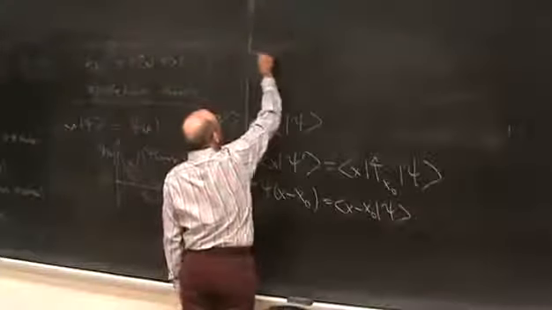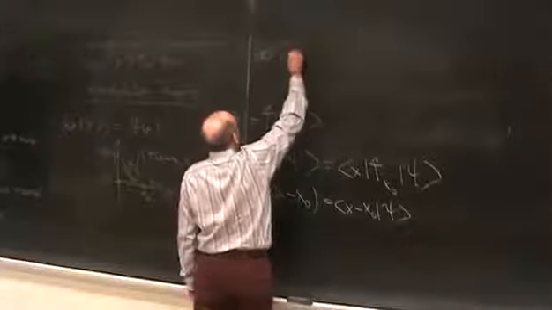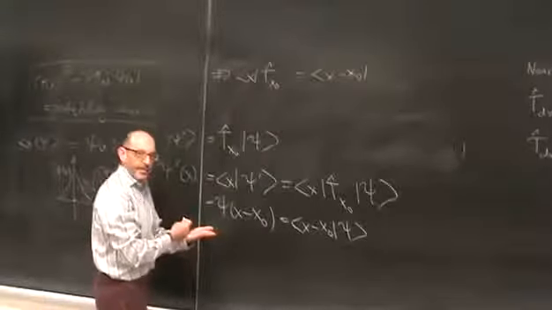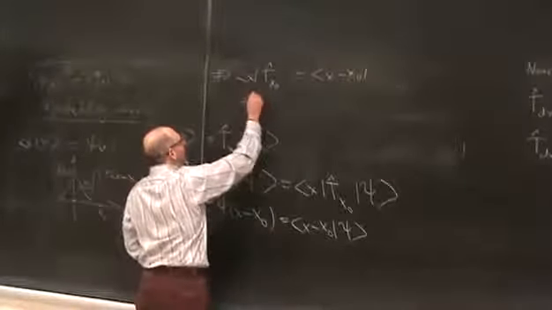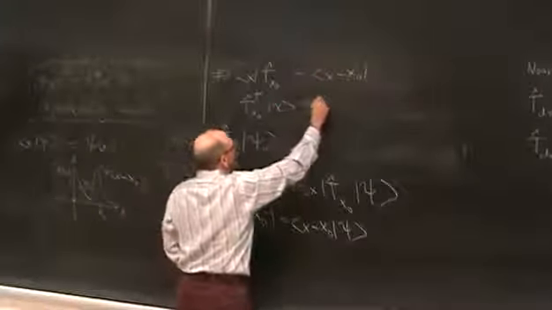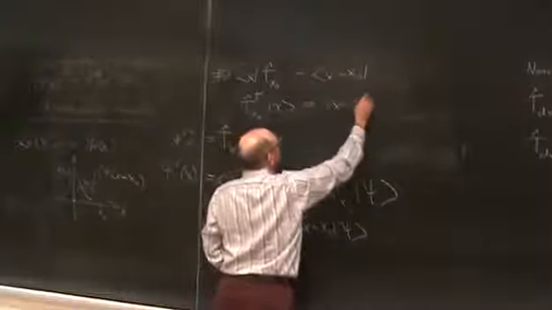So what we have here is that the translation operator acting to the left is x minus x naught. Now I can take the adjoint of this whole thing, and that becomes T dagger of x naught acting on x is x minus x naught.